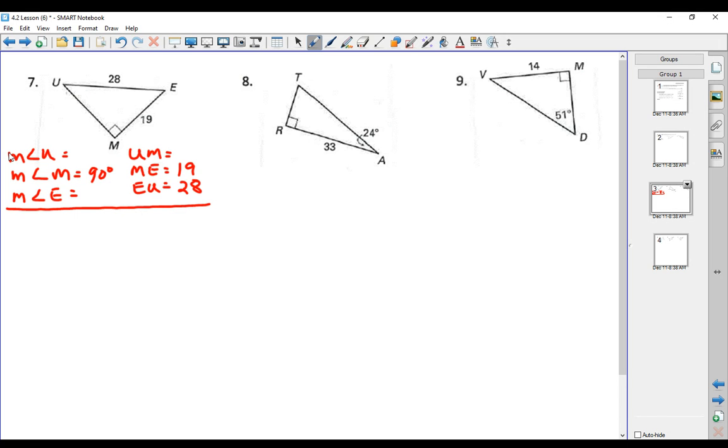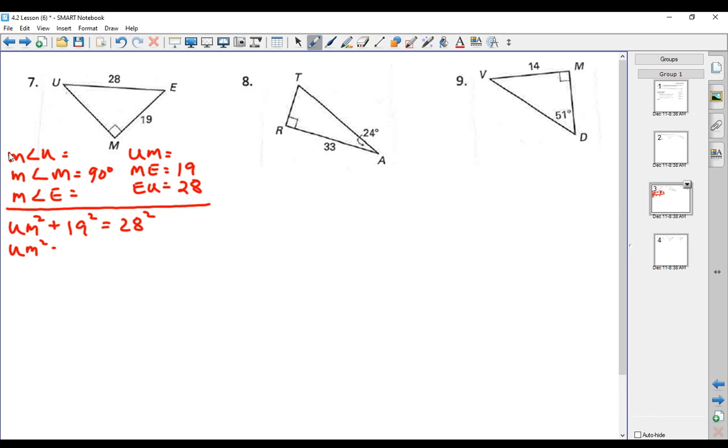And right now I see that I have two of the three sides of a right triangle, so that tells me I can use the Pythagorean theorem to find side UM. Now UM is one of the legs, so let's write UM squared plus the other leg squared would be 19 squared equals the hypotenuse squared, that would be 28 squared.